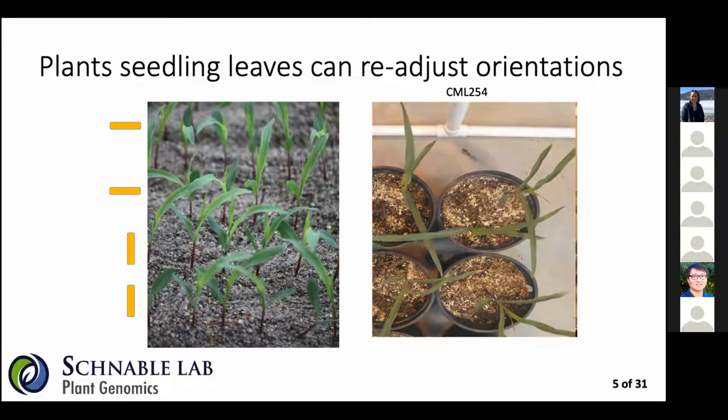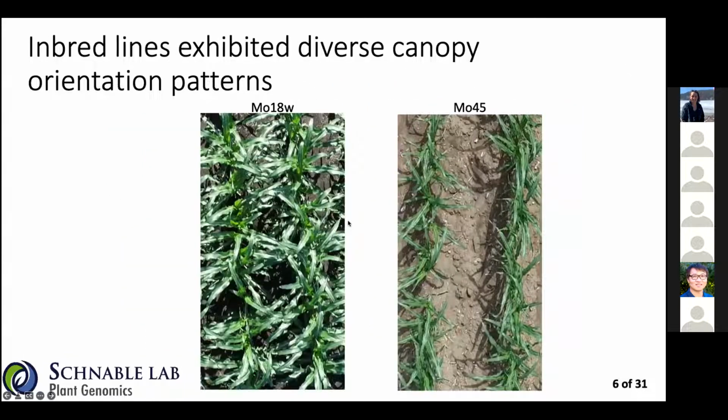So this gives us some hint that the corn plant actually has this ability to readjust its orientation, which could explain why the plants show a specific canopy orientation.